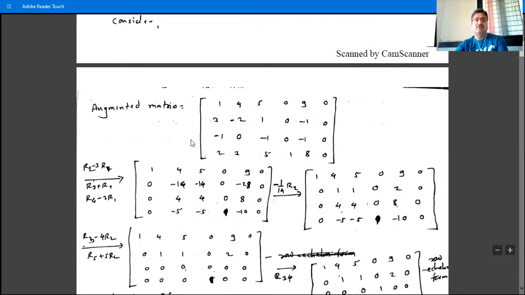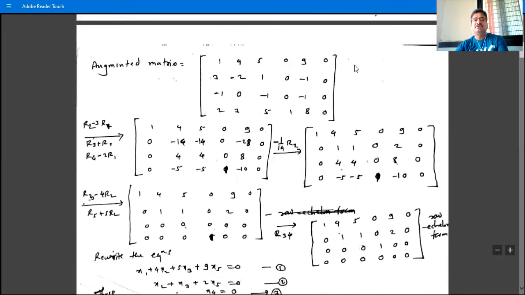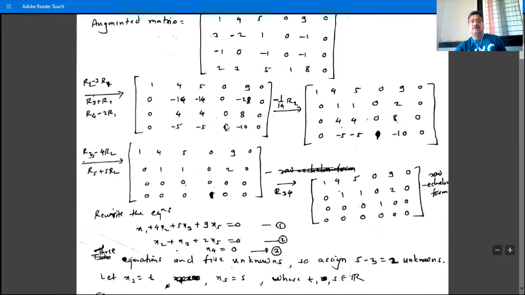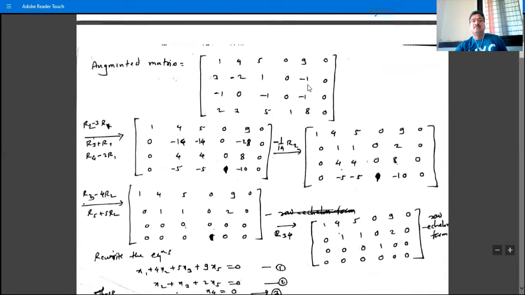The operations are R2 - 3R1, R3 + R1, and R4 - 2R1. After these 3 operations, we have this matrix. Here we have -14, -14, -28, 4, 4, 8, -5, -5, -10. Here is 1, 1. Okay, 0 and 1, as it is 1, here write 1.